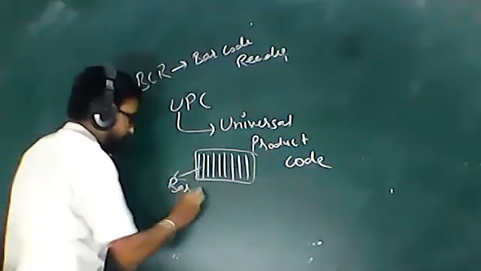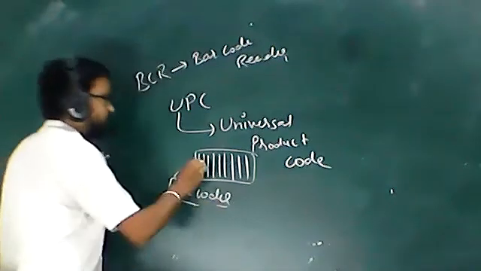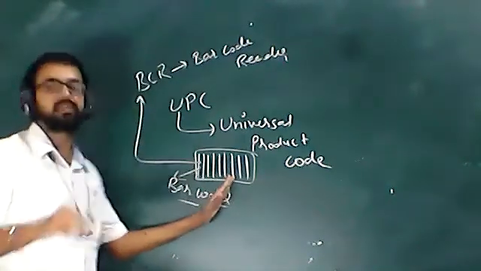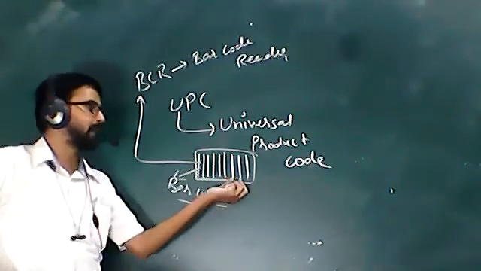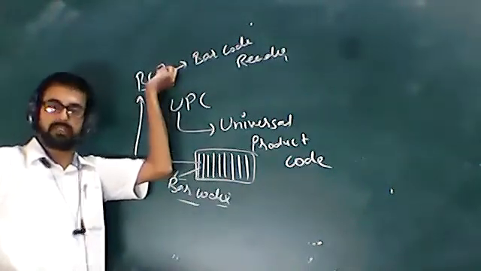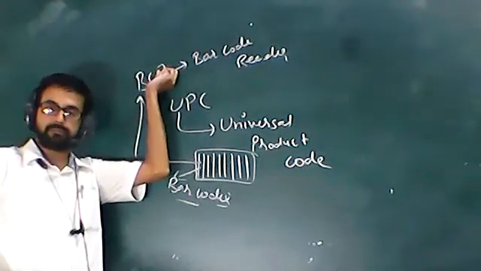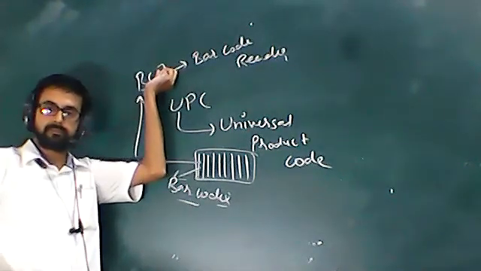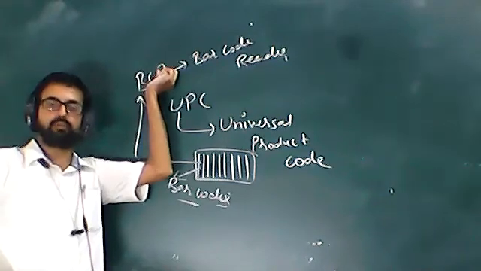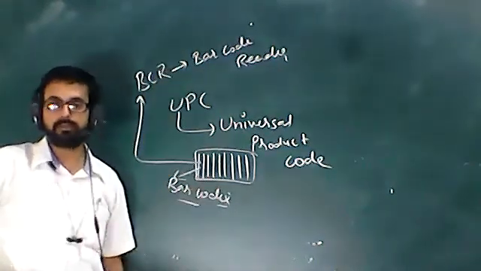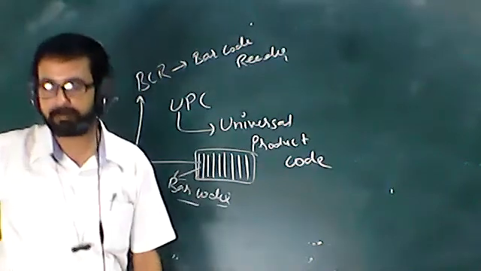Barcodes. This can be scanned by a BCR. So BCR is a type of input device that is used to read the barcode which is printed on the products.